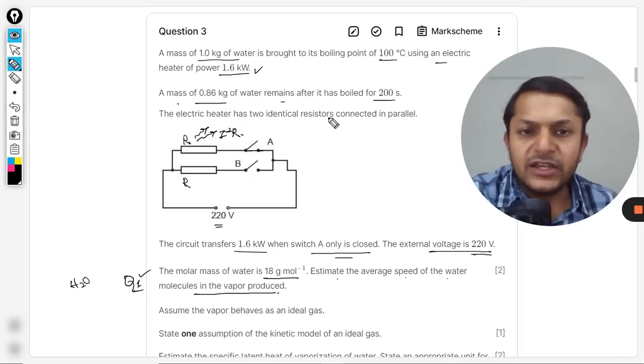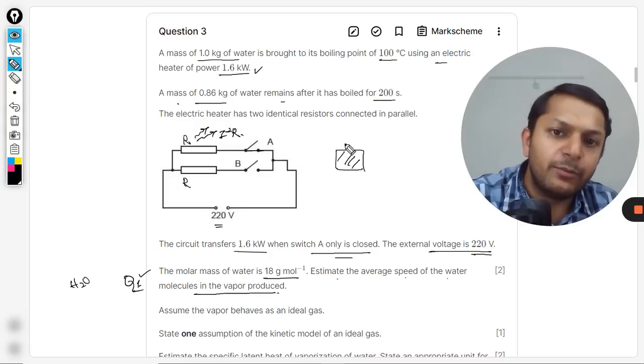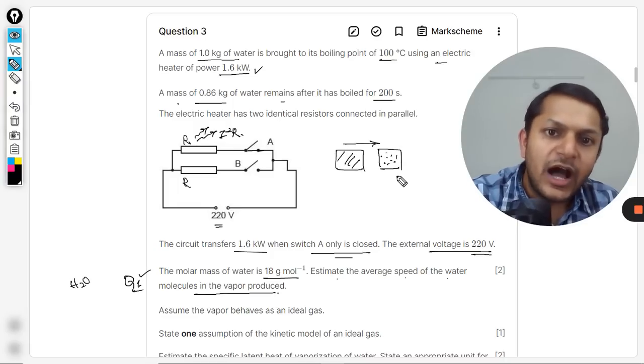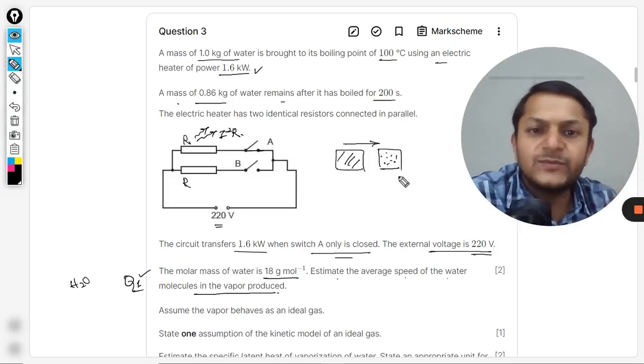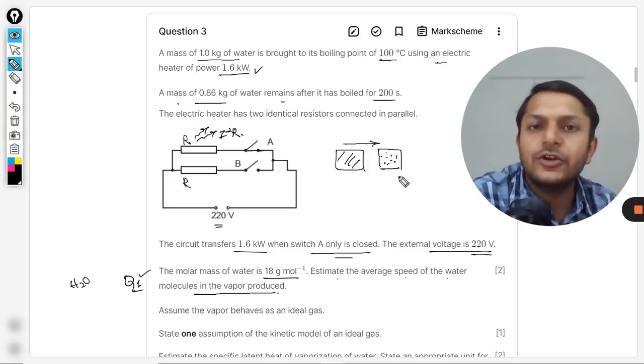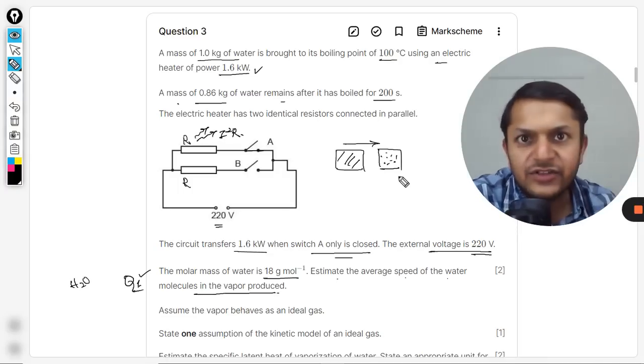So obviously, you try to understand this thing. When there is a liquid that we have, and we are boiling it, and it is converted into, let us say, steam, until and unless 100% of the water has been converted into 100% of the steam, the temperature does not change. That is a condition there.